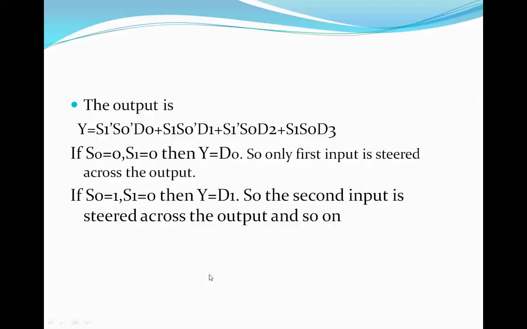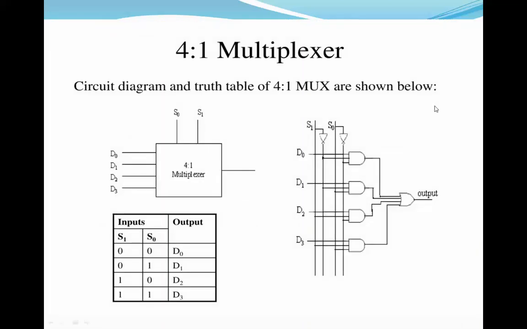Out of this Boolean expression, we are making the logical circuit diagram of the 4x1 multiplexer, which is shown here. We are taking D0, D1, D2, D3 as input lines to these AND gates, and then we are giving S1 and S0 as the selection lines, and somewhere we are taking the NOT of S1 and NOT of S0, so we are showing it using the NOT gate here.